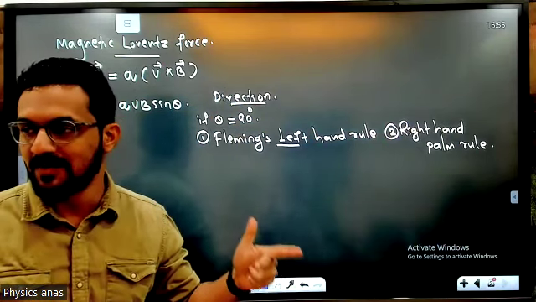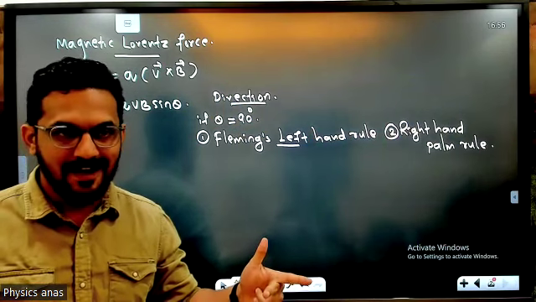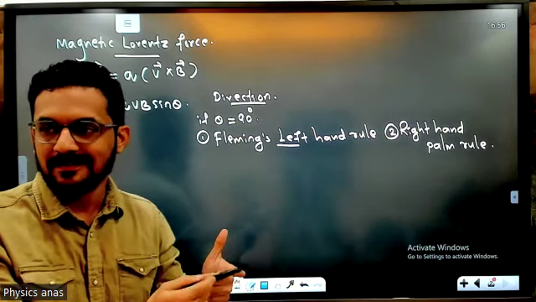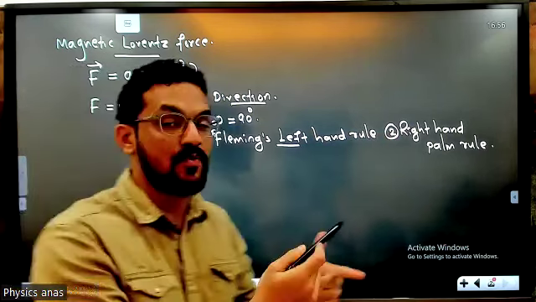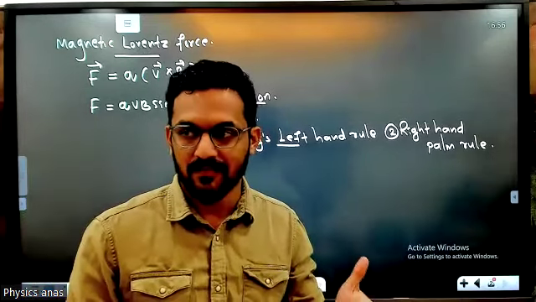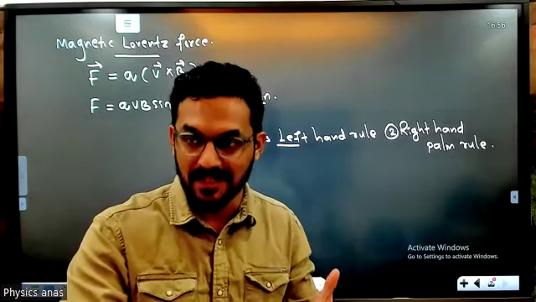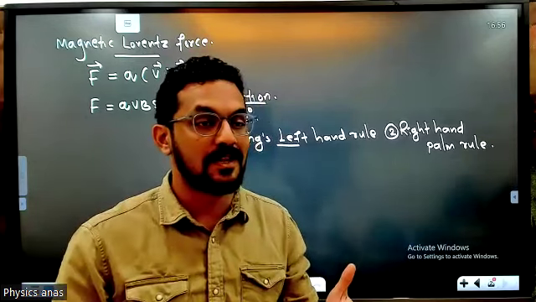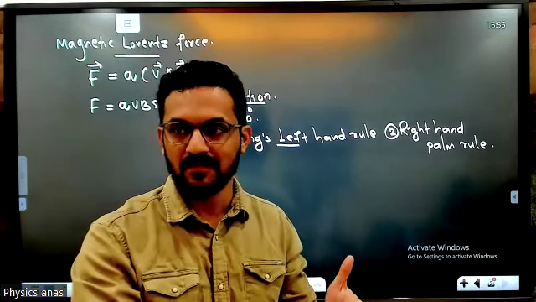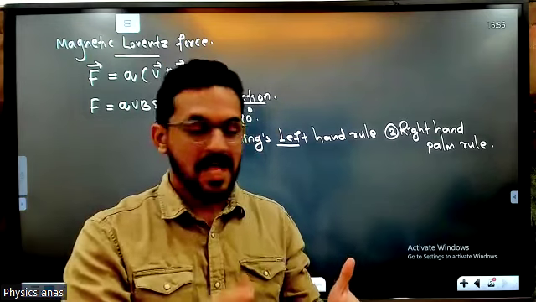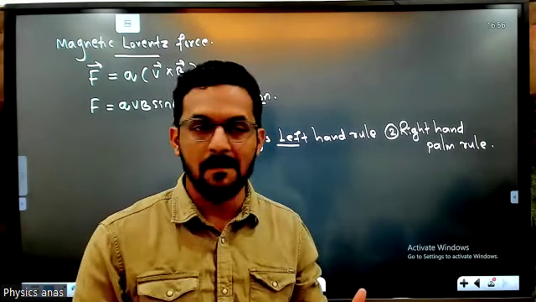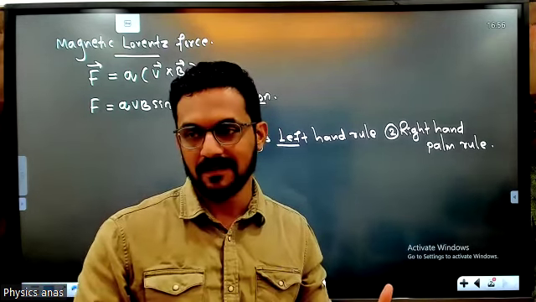If the forefinger is showing the direction of magnetic field, and the middle finger is showing the direction of velocity of the charge or current, then the thumb will show you the direction of force.